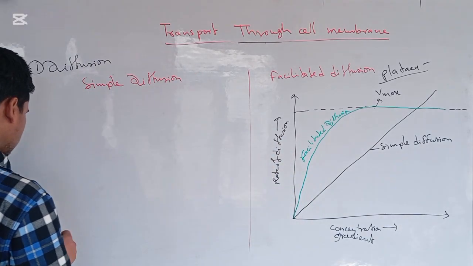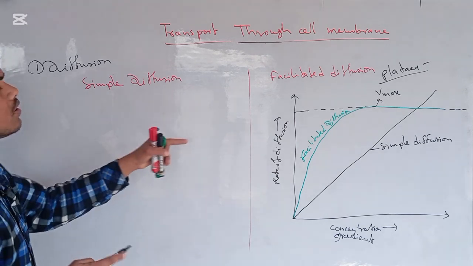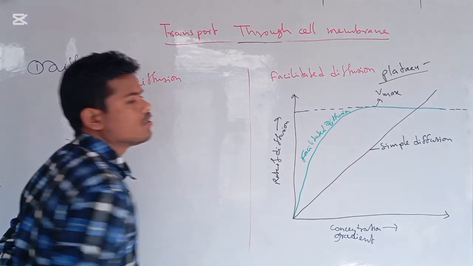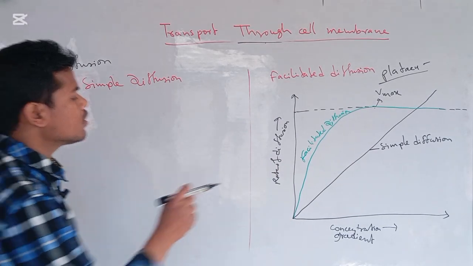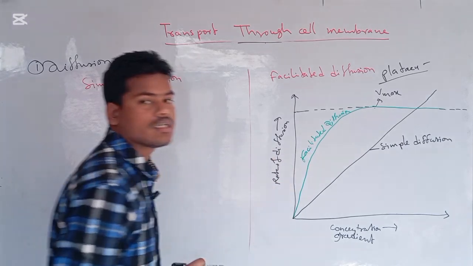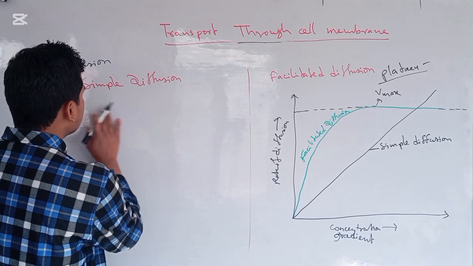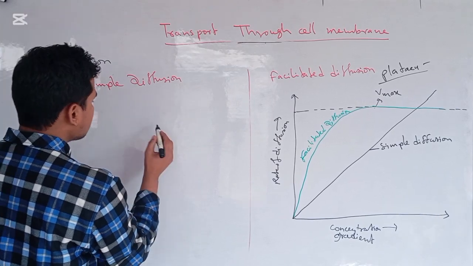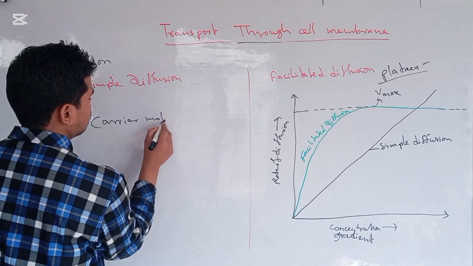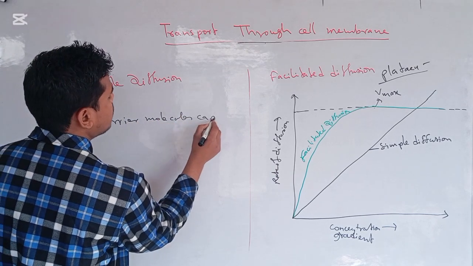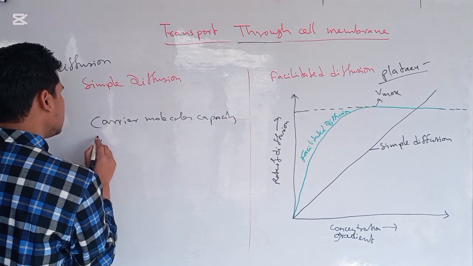Let's see. As I mentioned, simple diffusion does not need carrier molecules, but this needs carrier molecules. My dear, for a particular time, the capacity of these carrier molecules is limited.